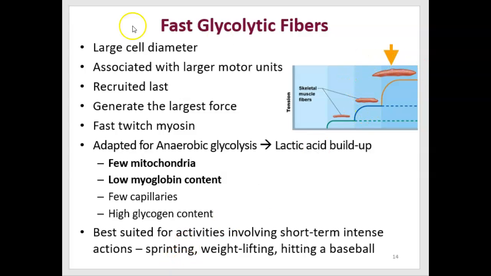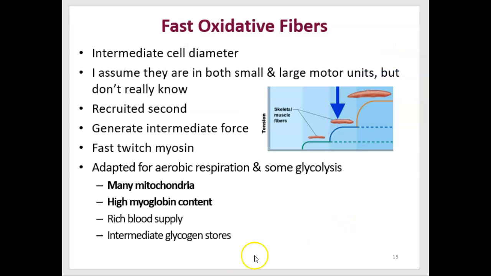They're large in size, and they use anaerobic glycolysis to make ATP. And then there's this intermediate type. Intermediate in every way. Intermediate in size, and they can use either aerobic respiration or glycolysis.